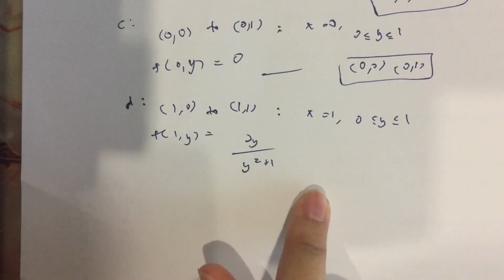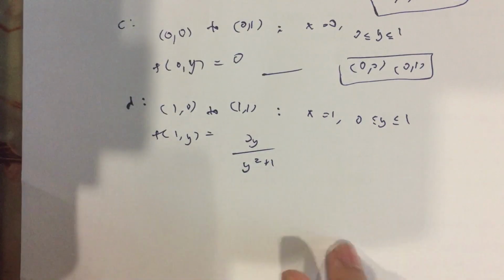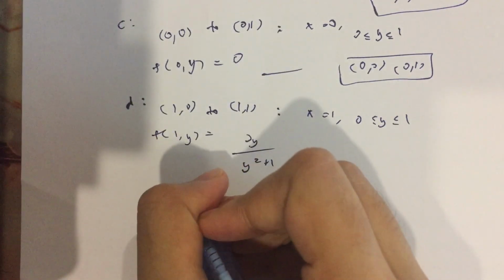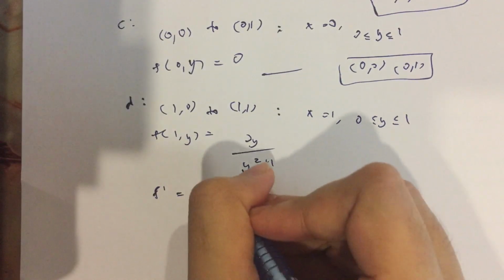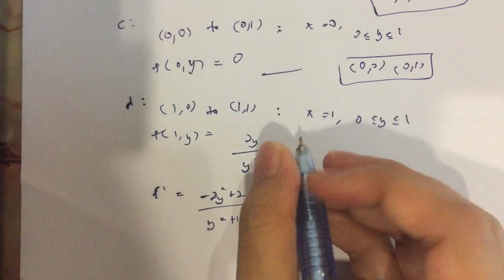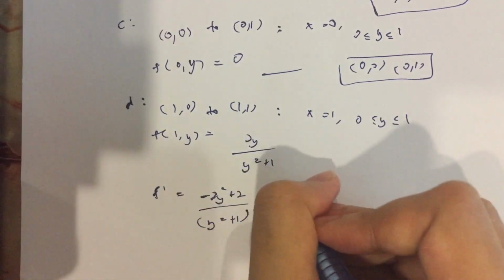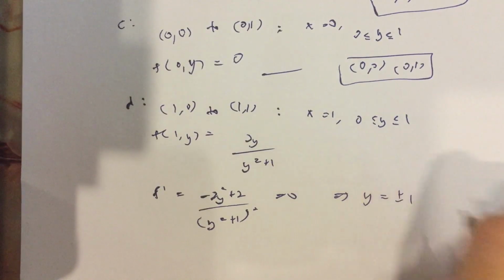So the same as in A, so we differentiate with respect to y, and it equals pada 0. So f prime is equals to minus 2y squared plus 2 over y squared plus 1 squares, and then kita equalkan to 0, and then this give y equals to plus minus 1.